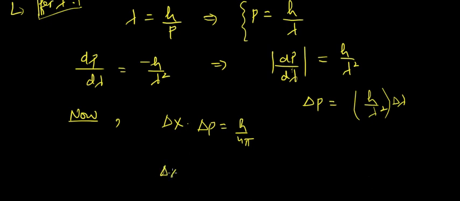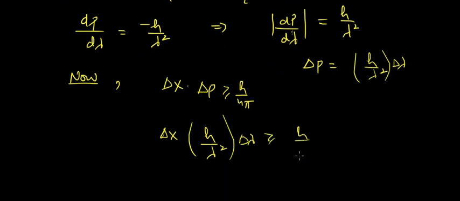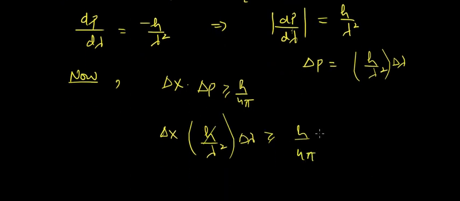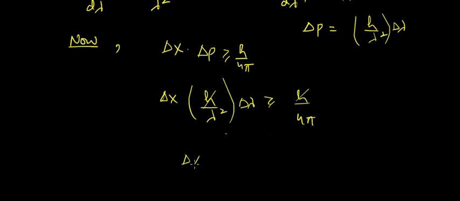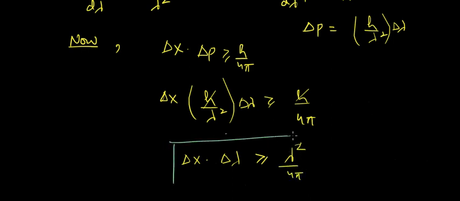Just substituting delta p here, h upon lambda square into delta lambda should be greater than or equal to h upon 4 pi. So we know that delta x into delta lambda would be greater than or equal to lambda square upon 4 pi. So this is the Heisenberg uncertainty principle in position and wavelength.